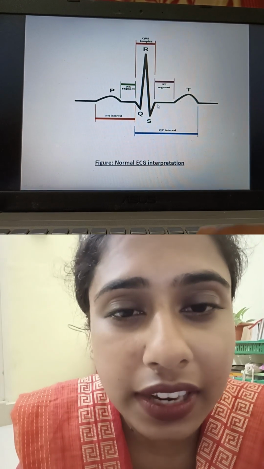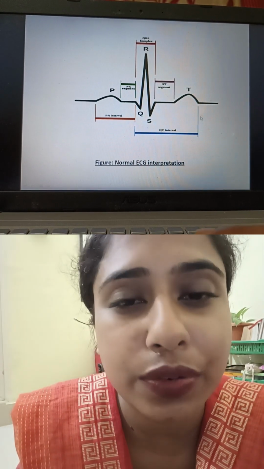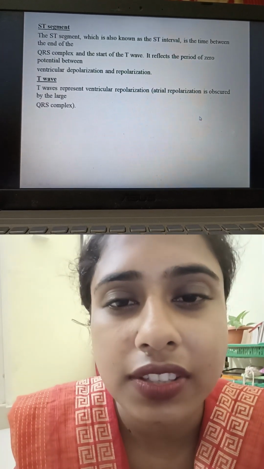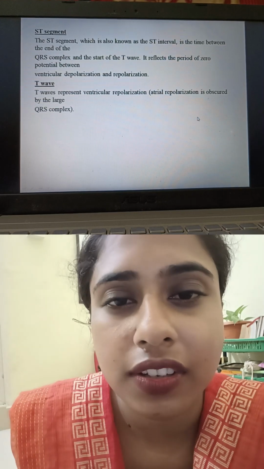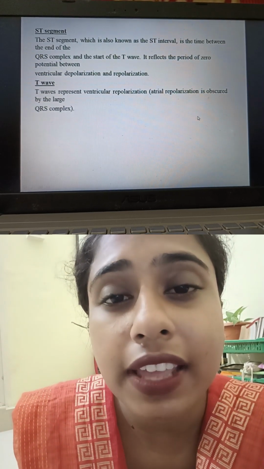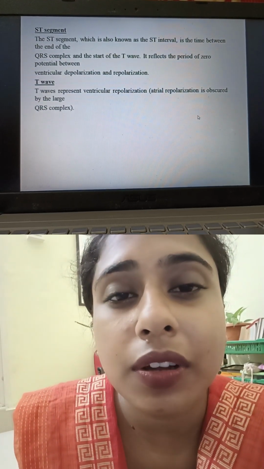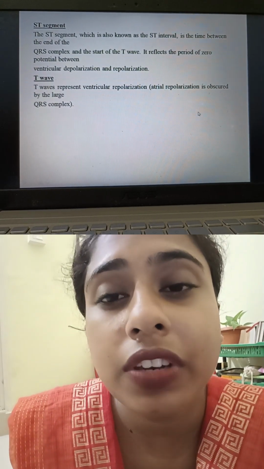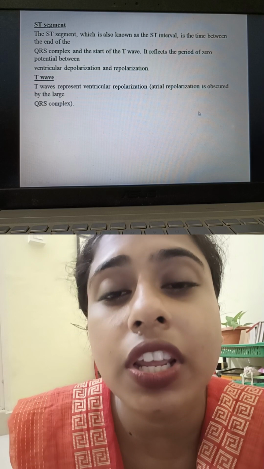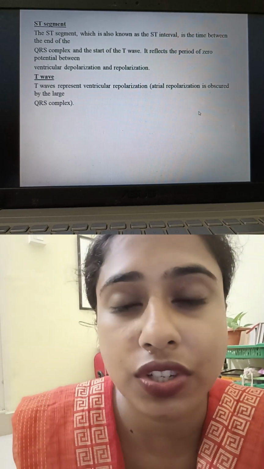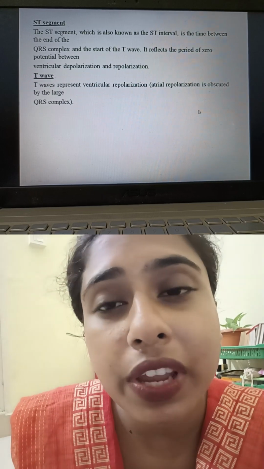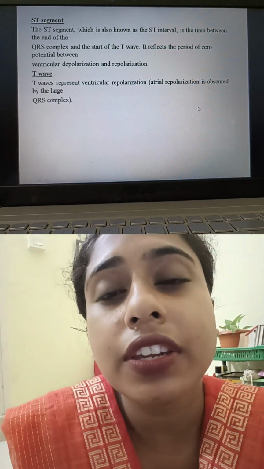The ST segment is the period of zero potential between ventricular depolarization and ventricular repolarization. When the QRS complex is ending, ventricular depolarization has taken place, and when the T wave is starting, ventricular repolarization takes place.